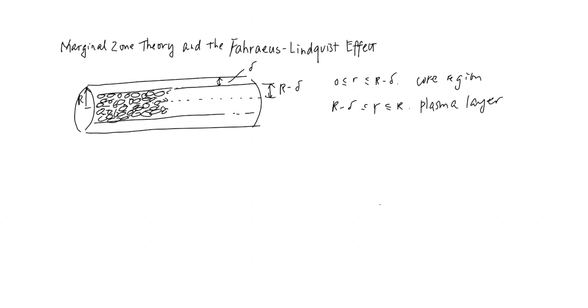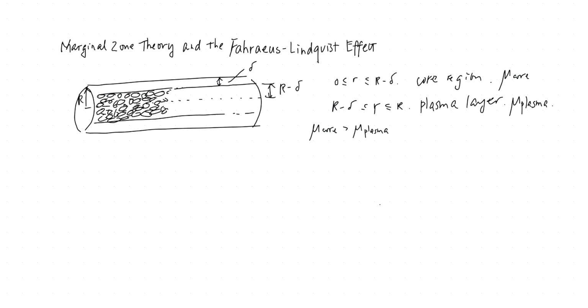So at the core region, the effective viscosity, let's call it mu core. And in the plasma layer, let's call it mu plasma. So you can see that the viscosity should be larger than the viscosity where there is no red blood cells.